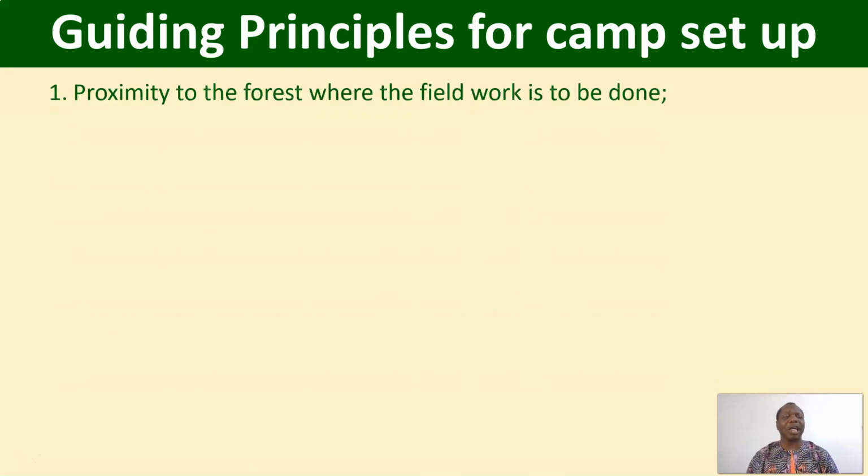The first one is proximity to the forest where the field work is to be done. The camp you want to set up must be close to the area of your sample plots, so that you will minimize the time you spend getting to the plots each morning you get up to go and work.